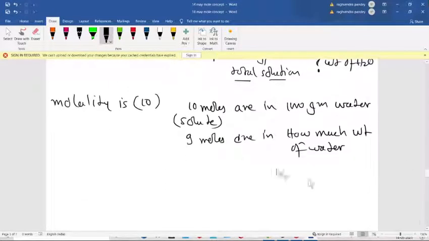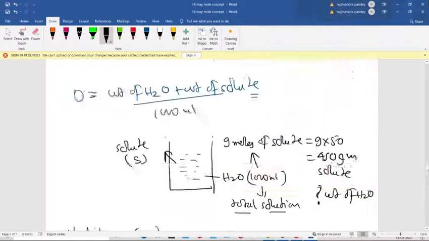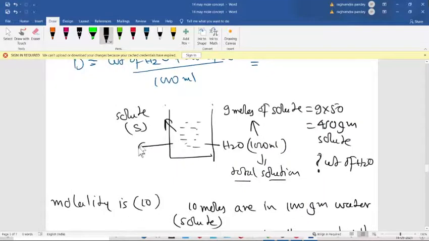So from that molality, suppose 9 moles are there. So 9 moles are in how much water? Because this is the same solution which has molality and molarity given. Here molarity is 9, molality is 10, for the same solution.